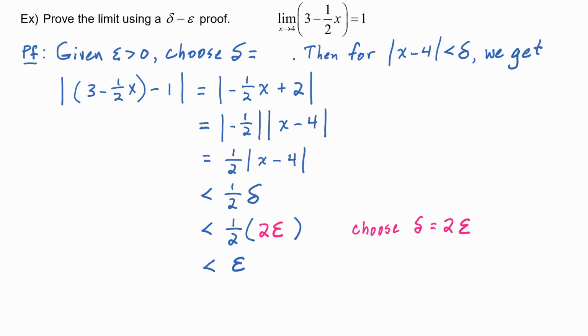So here, once we make this choice, we can go back to our first sentence. Given epsilon greater than 0, choose delta equals 2 epsilon. If we do that, then for the absolute value of x minus 4 less than delta, we get that our f of x minus L works out to be less than epsilon.